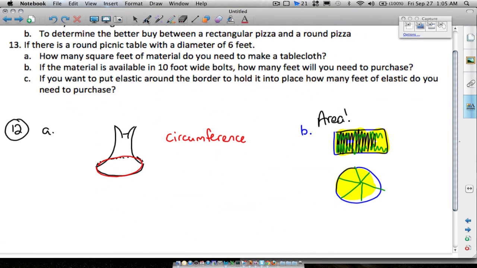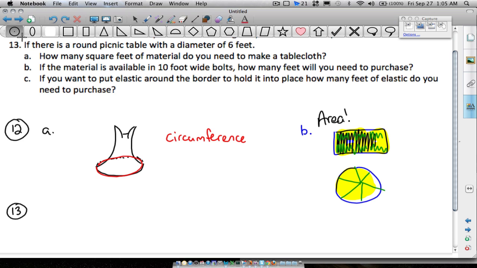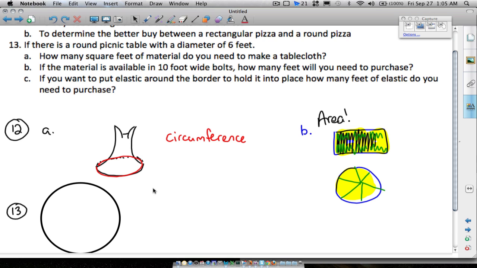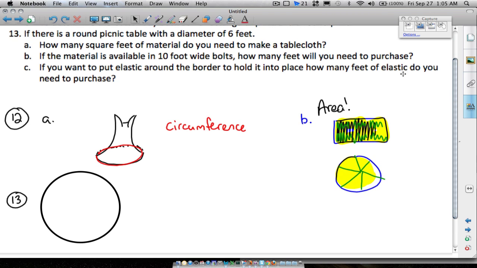And all right, 13A. First of all, there is a round picnic table with a diameter of 6 feet. We'll just do a quick circle. Be careful with your measurements here. This circle has a diameter of 6 feet. Remember, the diameter is the distance across the circle, and make sure you're going through the center.